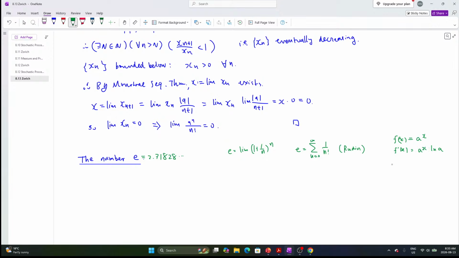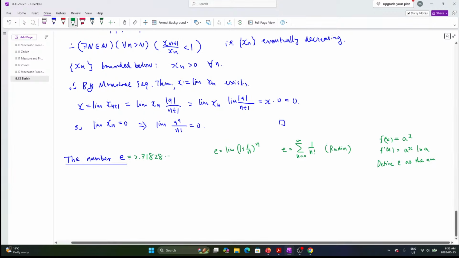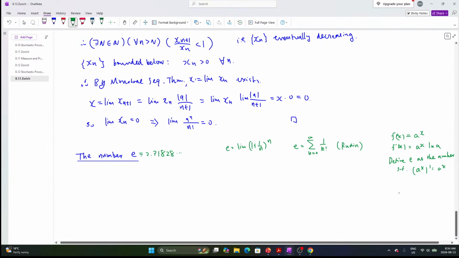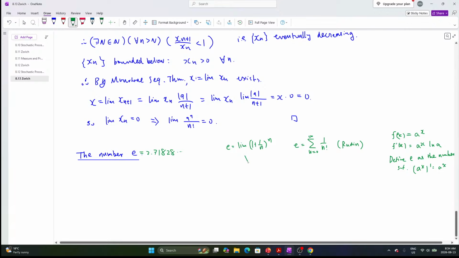Stewart defined e as the number a such that the derivative of a to the x equals a to the x, such that (a to the x)' equals a to the x. So that's also a definition. It's quite interesting.